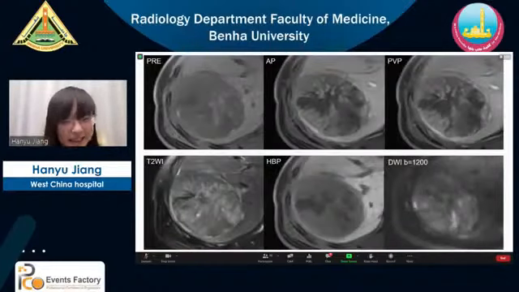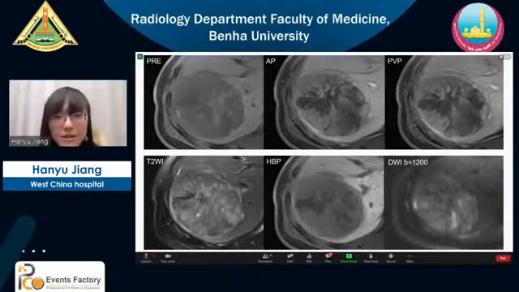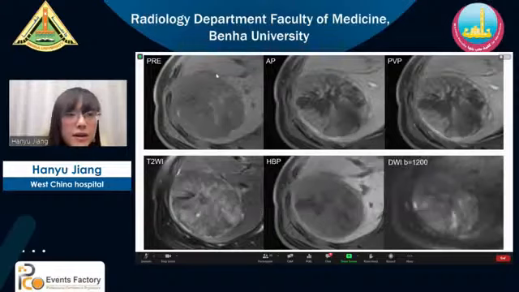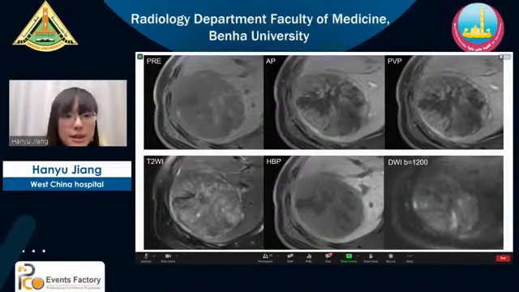Okay, so this is another case with a 9.5 centimeter mass in segments 6 and 7 of a patient with chronic hepatitis B virus infection. The mass demonstrates hypointensity on pre-contrast T1 weighted images and intranodular hemorrhage, which is blood products in the mass, according to LI-RADS ancillary features.